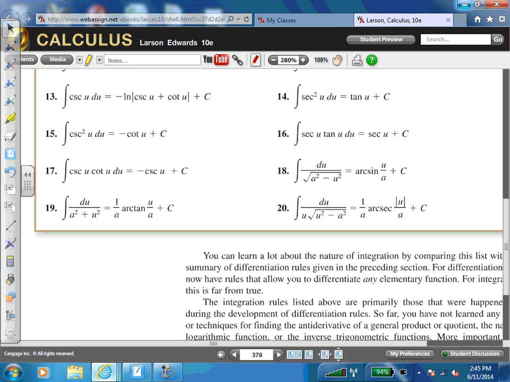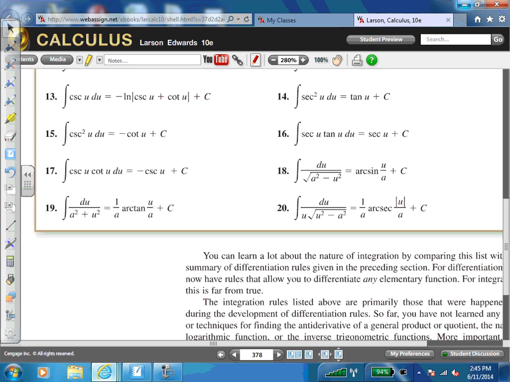If I have a u squared minus a squared, I have to look: is it going to be this one, or the one that we looked at previously? What's going to make the difference is whether we have a u out front or not.